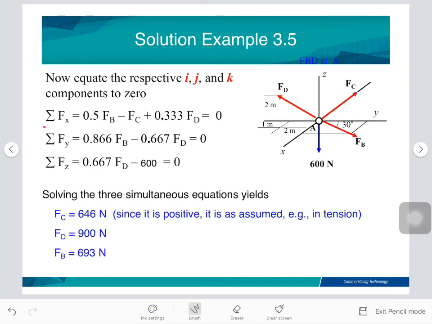So you have summation Fx equal to 0, summation Fy equal to 0, summation Fz equal to 0. So don't forget this one. Students always forget the minus sign. So by this you can use your calculator, then you can determine FC, FD and FB. Okay.